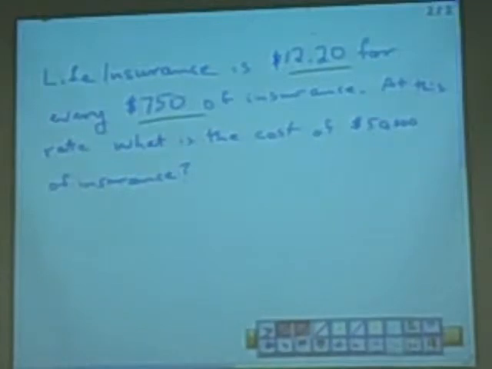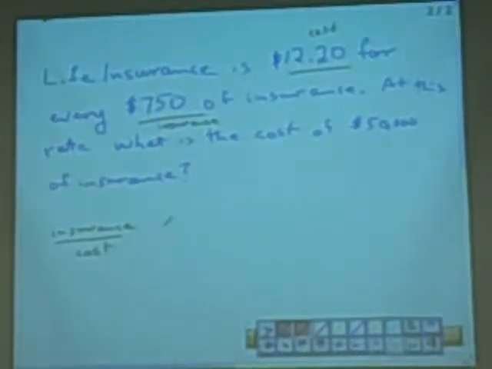We could say this would be the cost, and this would be the insurance. So we could say insurance over cost. That's going to be our ratio.